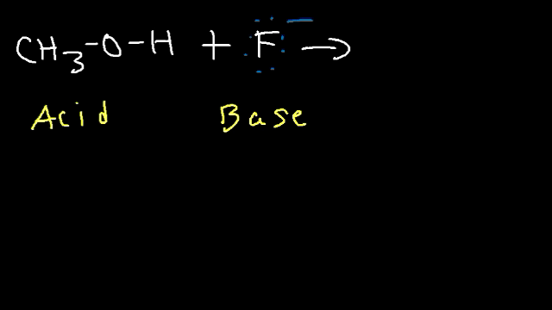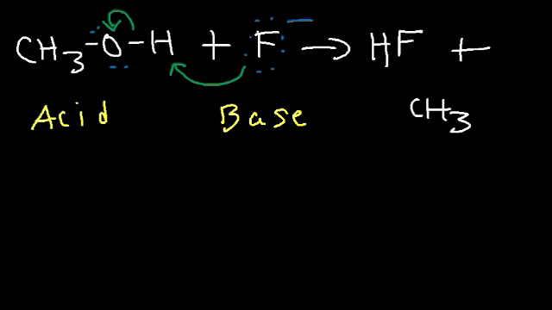So we're going to draw an arrow from the fluoride ion to the hydrogen. What that means is that fluoride is going to donate a pair of electrons to form the bond between HF. And these electrons are going to go back to the oxygen. So oxygen currently has 2 lone pairs, but soon it's going to have 3 lone pairs.